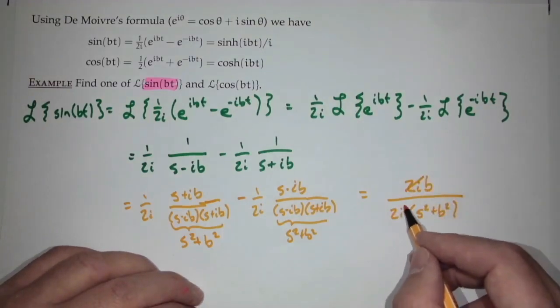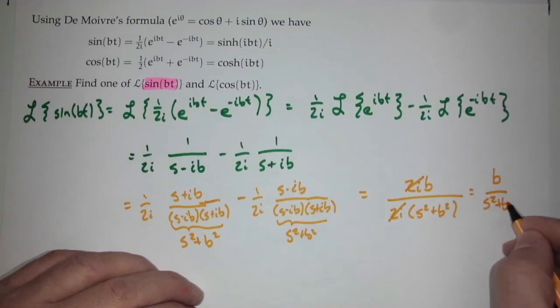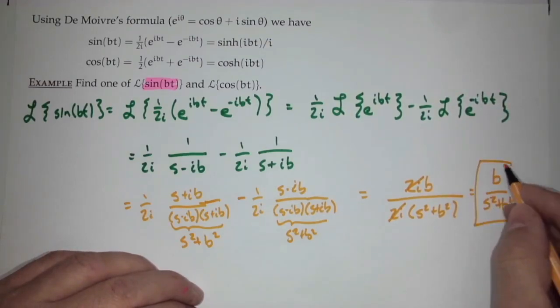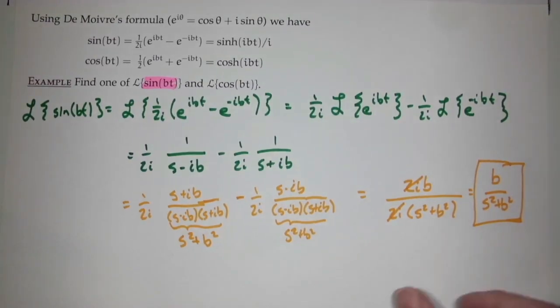The two i's cancel, so we end up with b over s squared plus b squared. And you might say, is that the same thing that we had before? And the answer is, yeah, it is. It is the exact same thing that we had before. So this is actually a completely justifiable way to also derive sine.